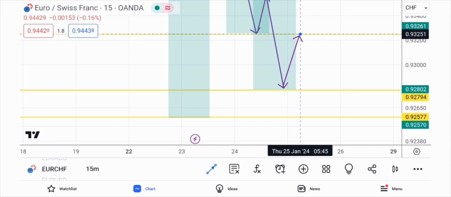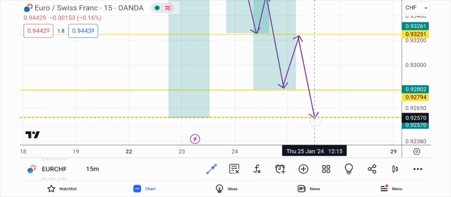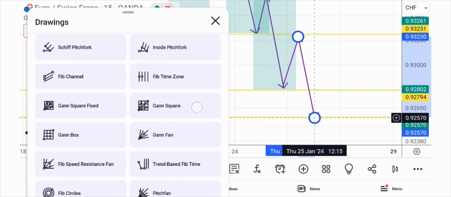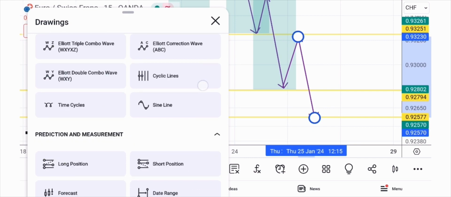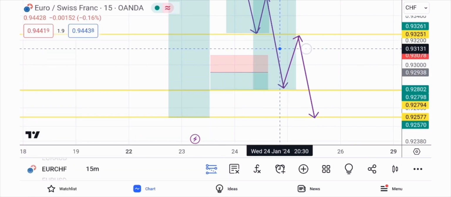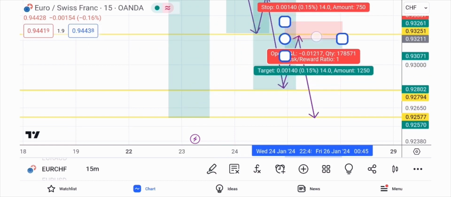So you need to understand the language and respect it, right? And then on to our last level. It goes to our last level, right? And once it reaches that level, you enter your last positions there.